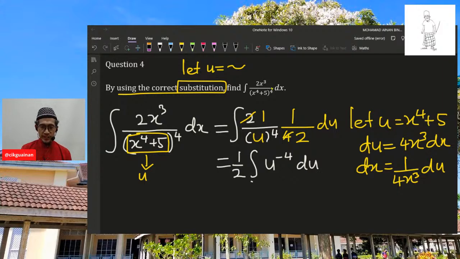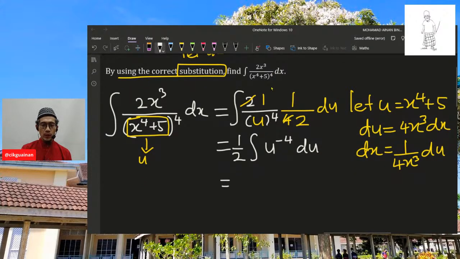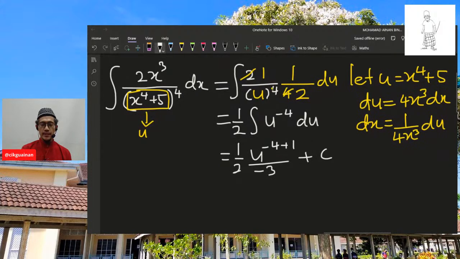Then we can integrate in peace. 1 over 2, u minus 4 is u power minus 4 plus 1 over minus 3, plus c. Make it better: 1 over 2 times 1 over minus 3 is minus 1 over 6, u power minus 3, plus c.